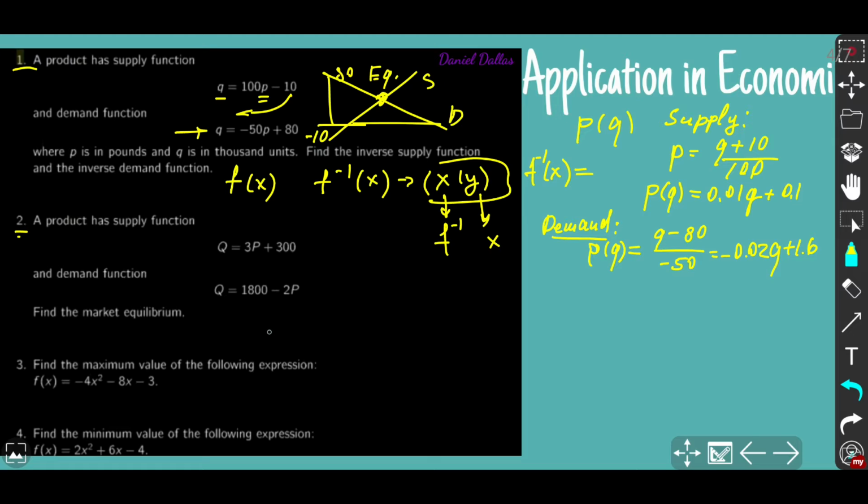But I'm not going to graph that again for these particular functions. I'll just simply equate both sides to each other, because you know that in equilibrium, where two graphs intersect, both x and y coordinates are the same. So in our case, q and p are going to be the same in the equilibrium point.